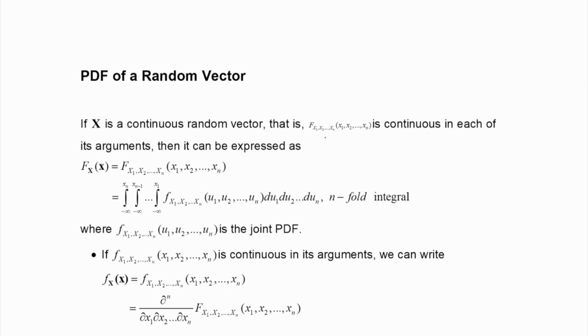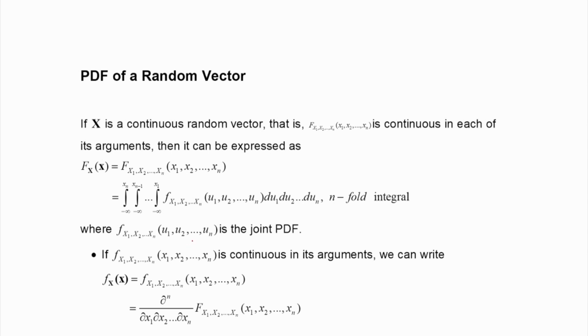That this joint CDF is continuous in each of its arguments. Then this CDF can be expressed as an n-fold integral of this non-negative function f x1 x2 up to xn at the point u1 u2 up to un. This function is known as the joint PDF.